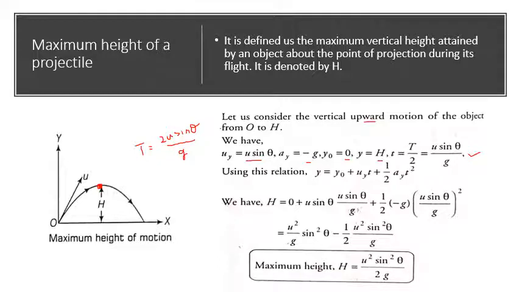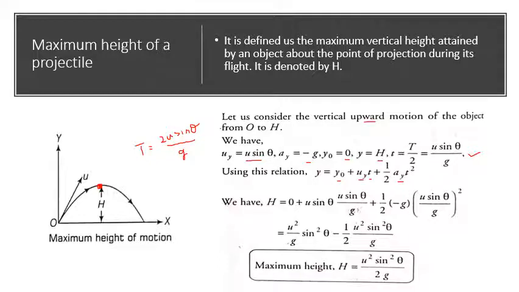Substitute these values in the position time relationship: y equal to y naught plus uyt plus half ayt squared. So y is capital H and y naught is 0. Uy is u sine theta, t is u sine theta by g, and ay equal to minus g, and t squared.